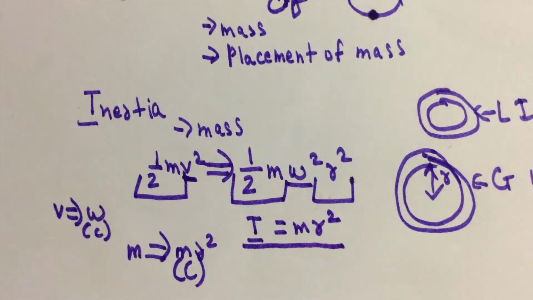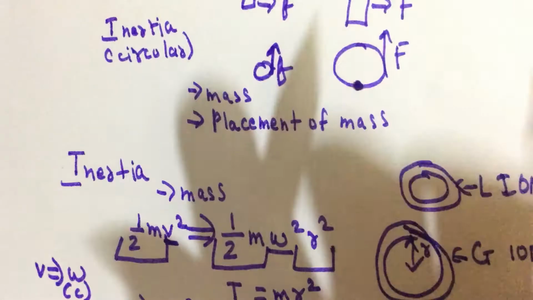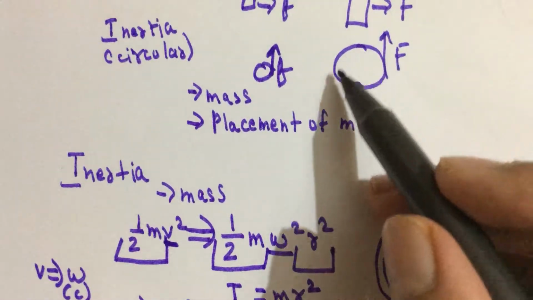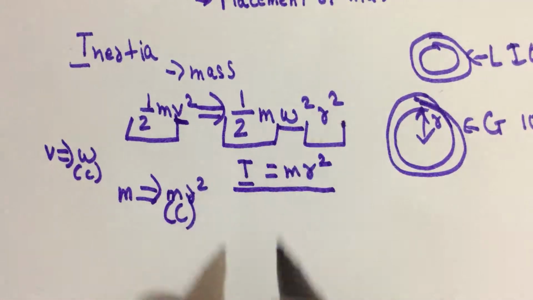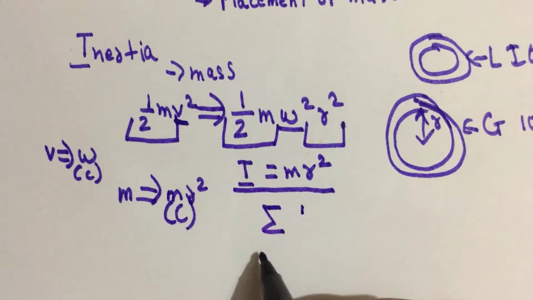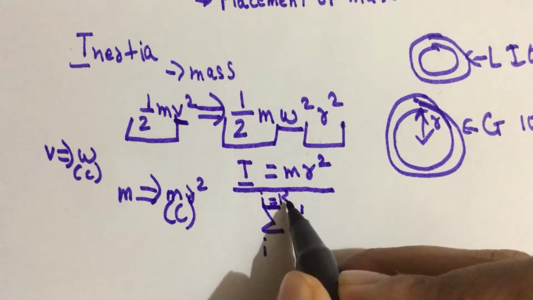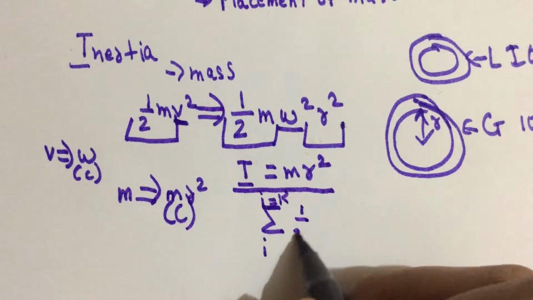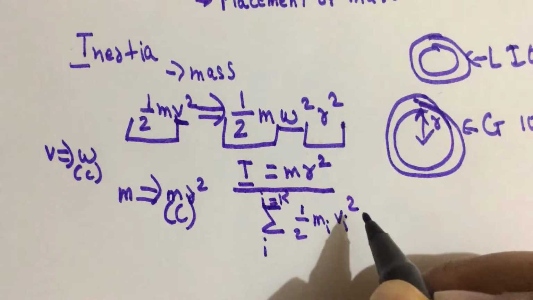Now, I was only talking about one point here. There are many points on this object, thousands of them in fact. So the total kinetic energy possessed by them is, with K being the total number of particles, the sum of half mi vi square.